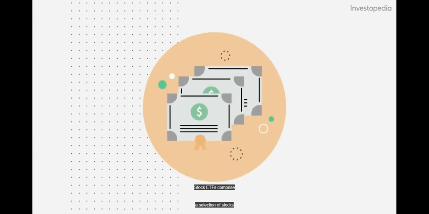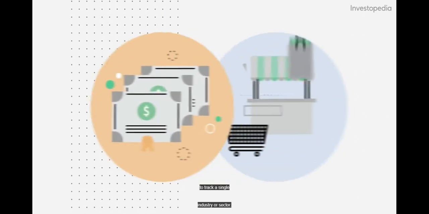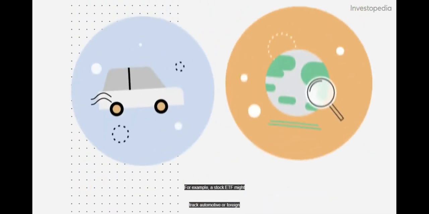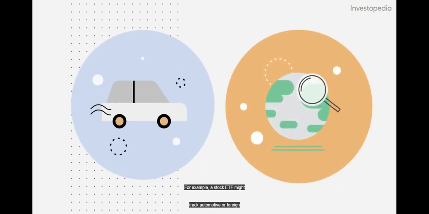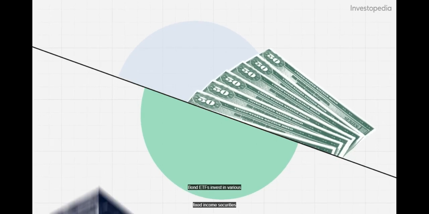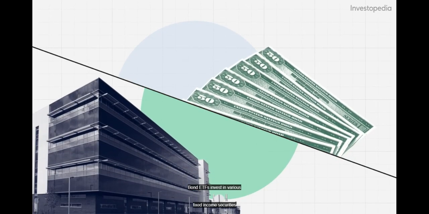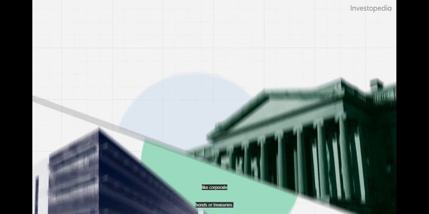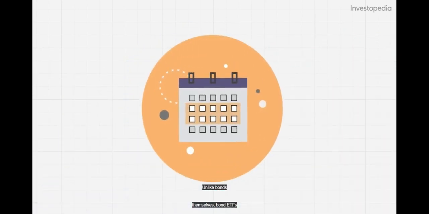Stock ETFs comprise a selection of stocks to track a single industry or sector. For example, a stock ETF might track automotive or foreign stocks. Bond ETFs invest in various fixed income securities, like corporate bonds or treasuries. Unlike bonds themselves, bond ETFs don't have a maturity date.